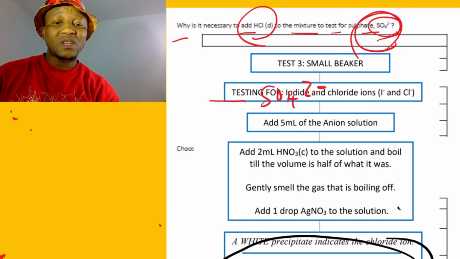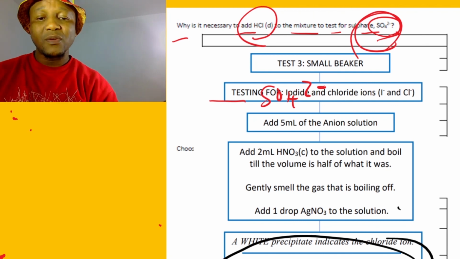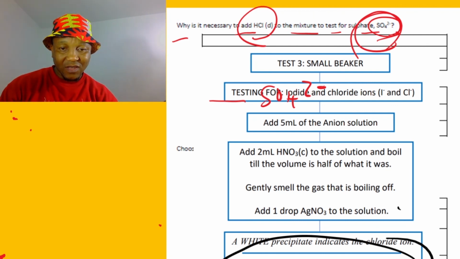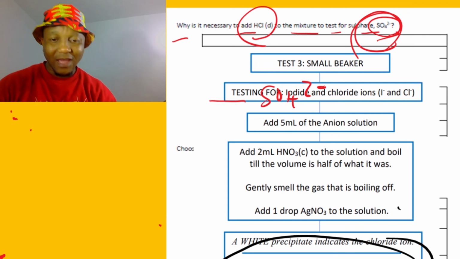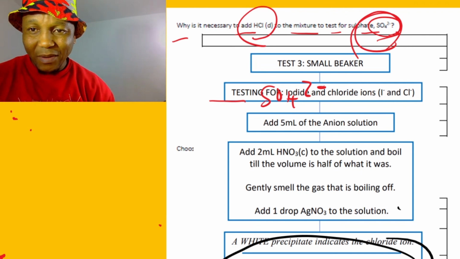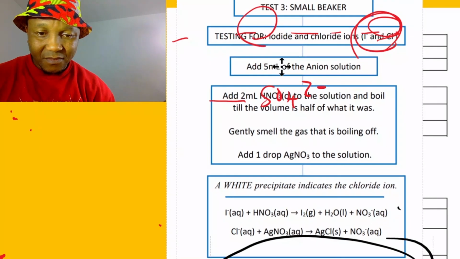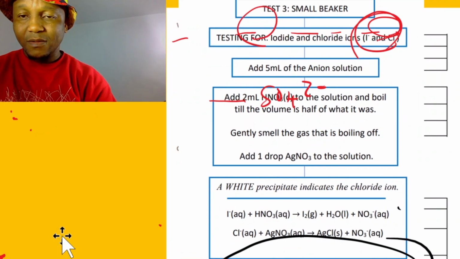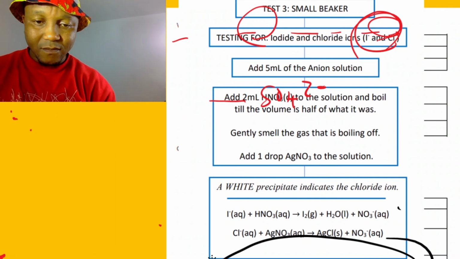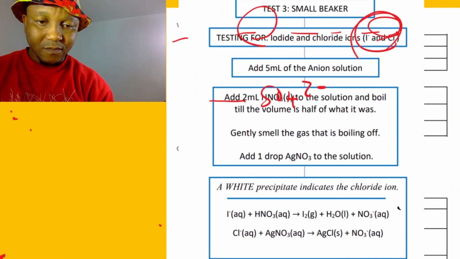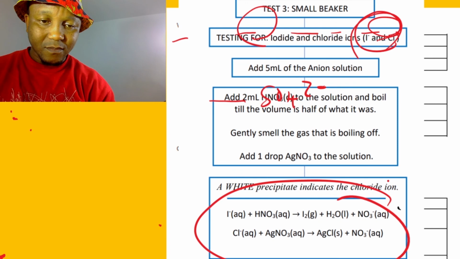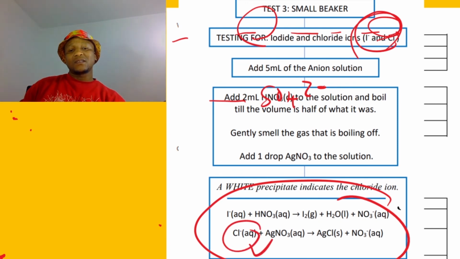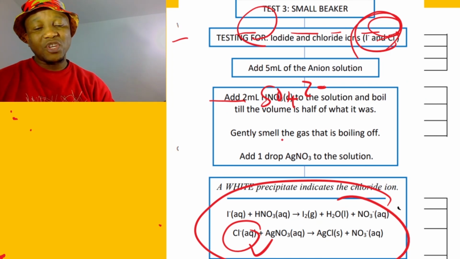This is the equation they need. You can write both, but just know this is the equation they need. Let me see if you can see. Oh, you cannot see. Okay, let me drag up a little bit. And this chloride is a white precipitate that we observe, and the equation is this one right here.